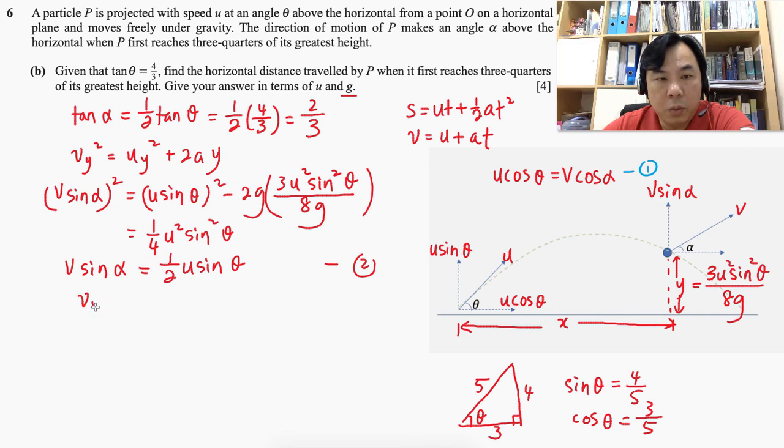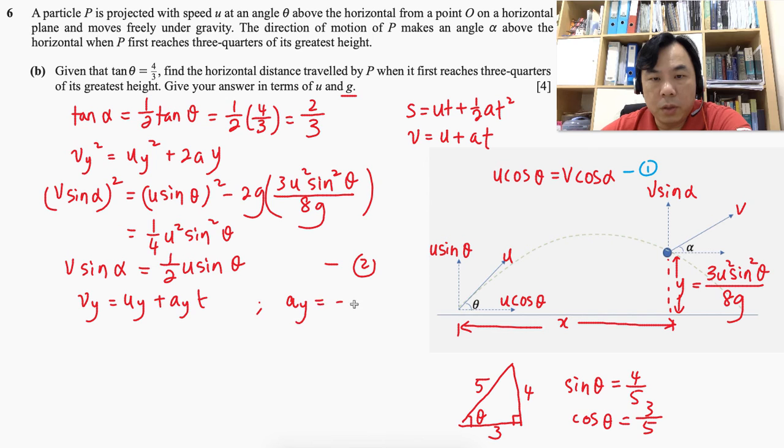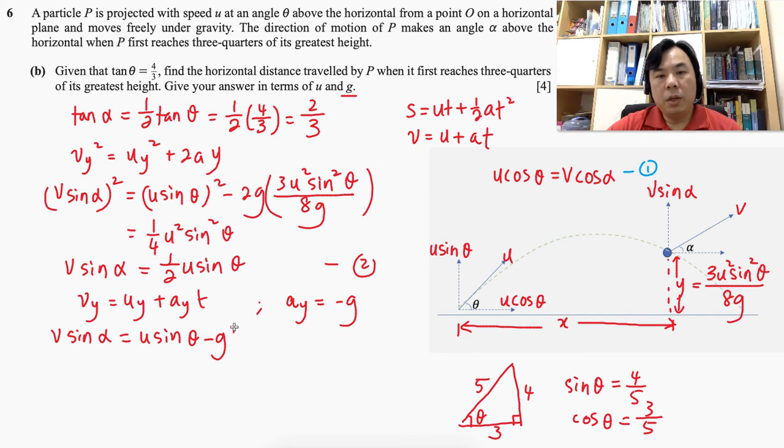Now Vy equals Uy plus Ay t here. Bear in mind our a is our vertical component, which is the same as negative g. Now we know that the vertical component is given by v sine alpha, which is the same as u sine theta minus g t.